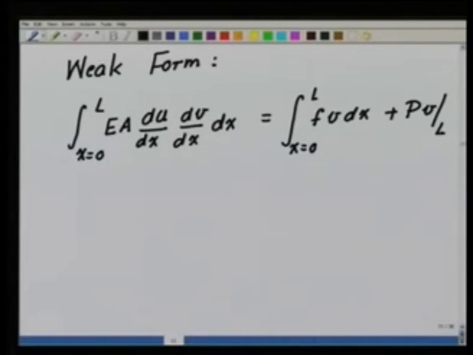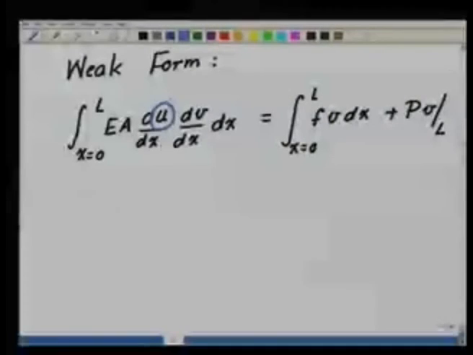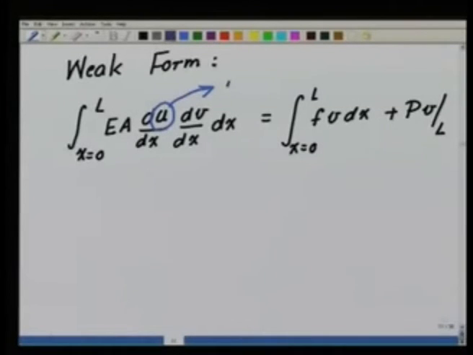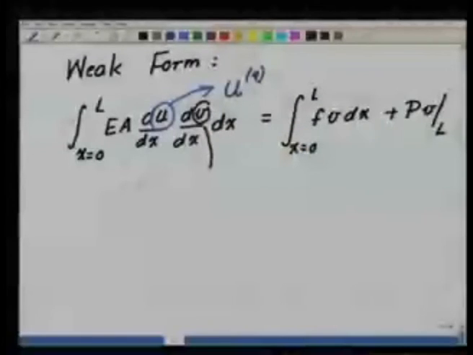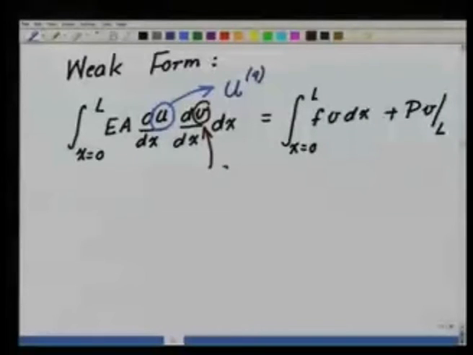Now, in this weak form, we substitute u_N instead of u. And to form the ith equation, we replace v with phi i.